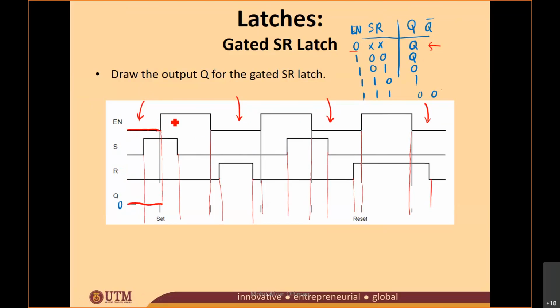Okay, next barulah bila enable kita 1, baru kita fokus pada kita punya input S dengan R. So this one is S1, R0. So apa yang berlaku? Kamu nak setkan dia. And 00, since this is 00, Q kamu tidak berubah. Follow previous Q.